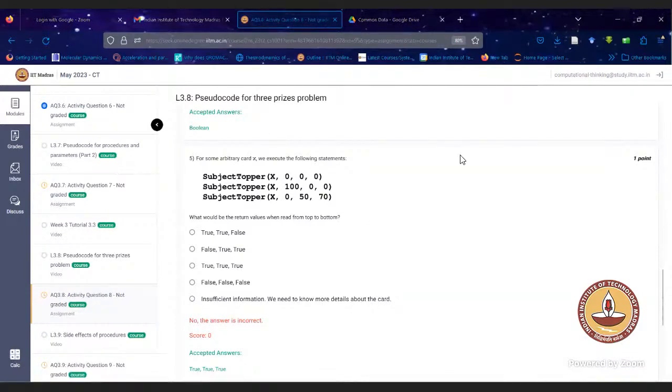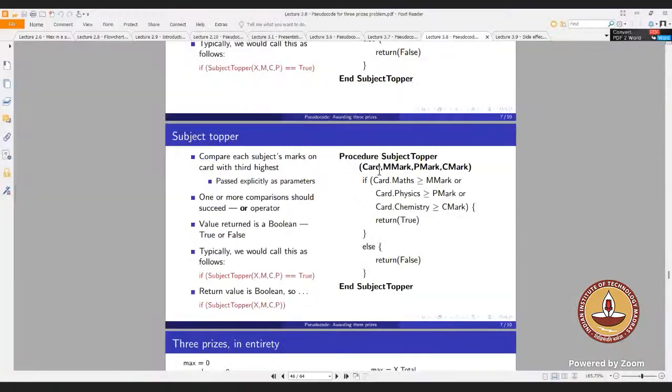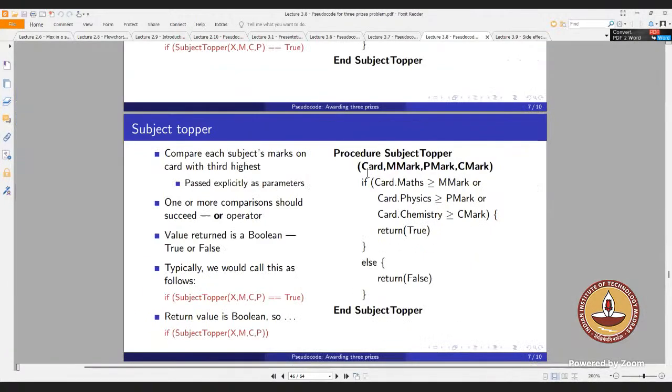Yeah, let me pull this up. I will show you the procedure. Yeah, this is the one, the procedure subject topper. Is everyone able to see the slide? Yes, sir.